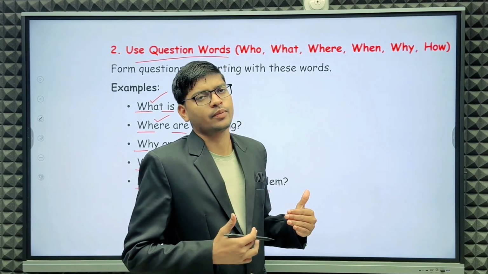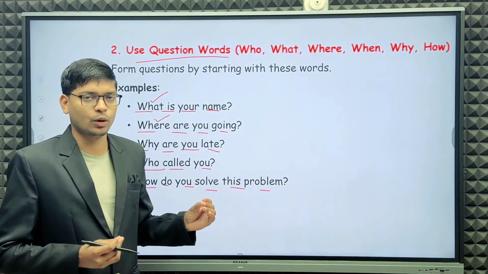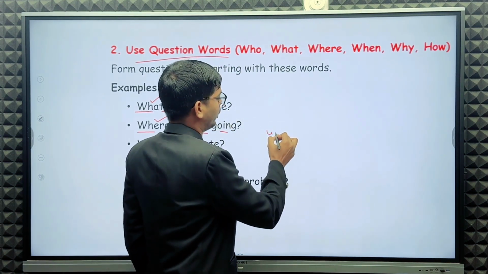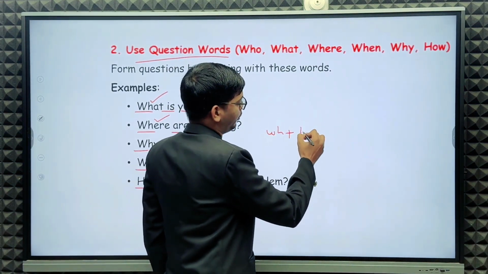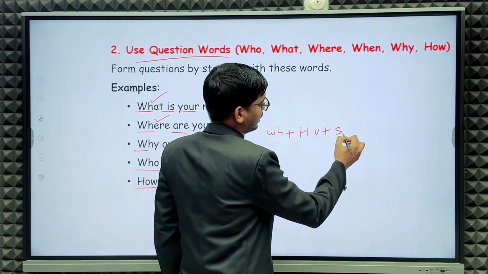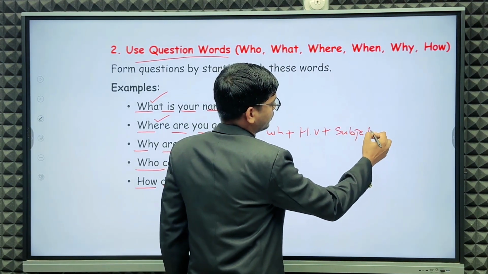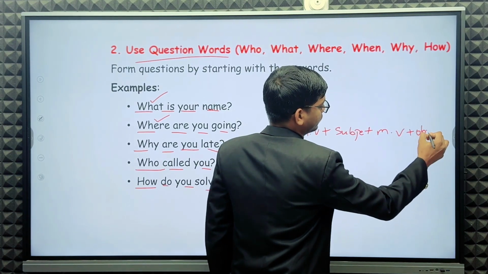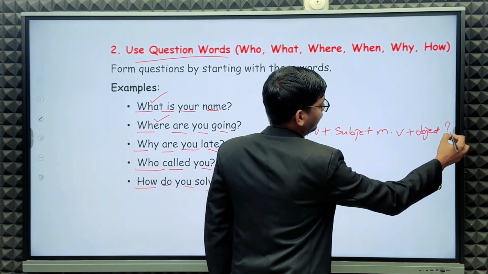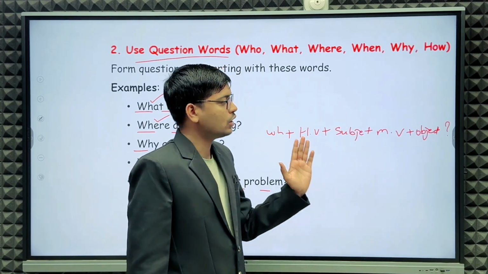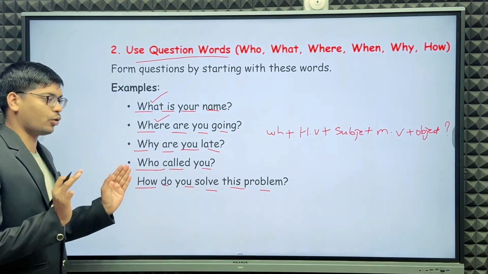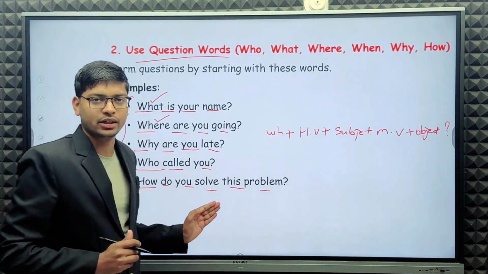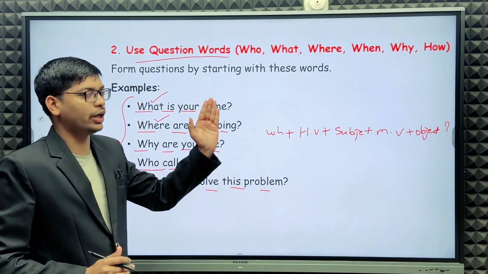Do you know the format of a question with a WH word? WH word plus helping verb plus subject plus main verb plus object, and then a question mark. These are all interrogative sentences with the WH family.